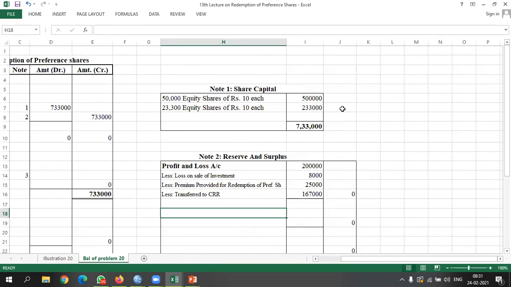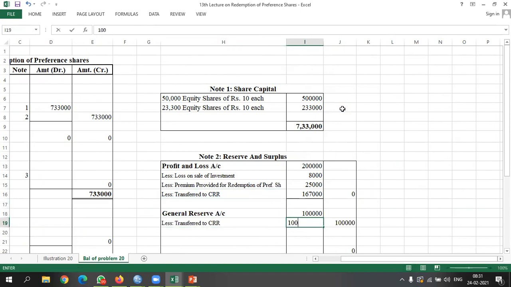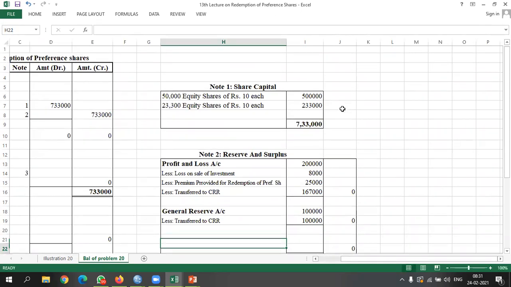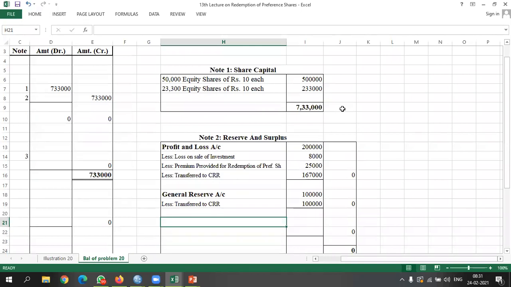The next, I have general reserve account. I have a balance of 1 lakh rupees. Now the entire amount of 1 lakh rupees is transferred to CRR. So in the outer column, we got a balance of 0. Then when we transfer 1,67,000 and 1 lakh to CRR, then we got a sufficient balance in CRR account.